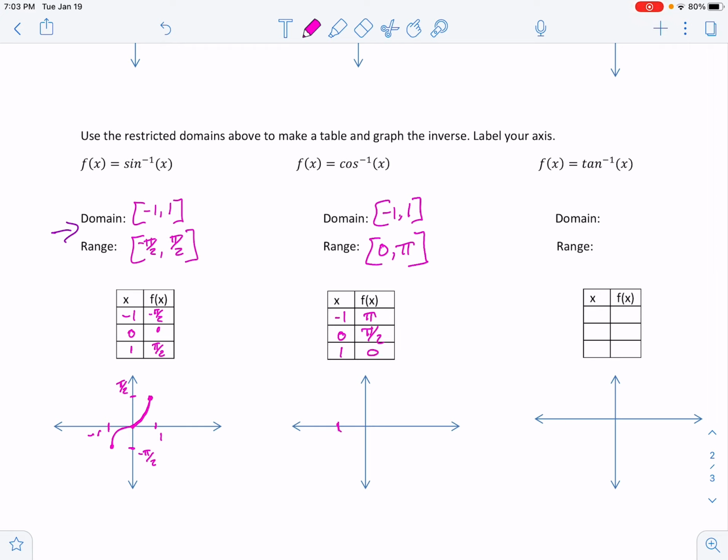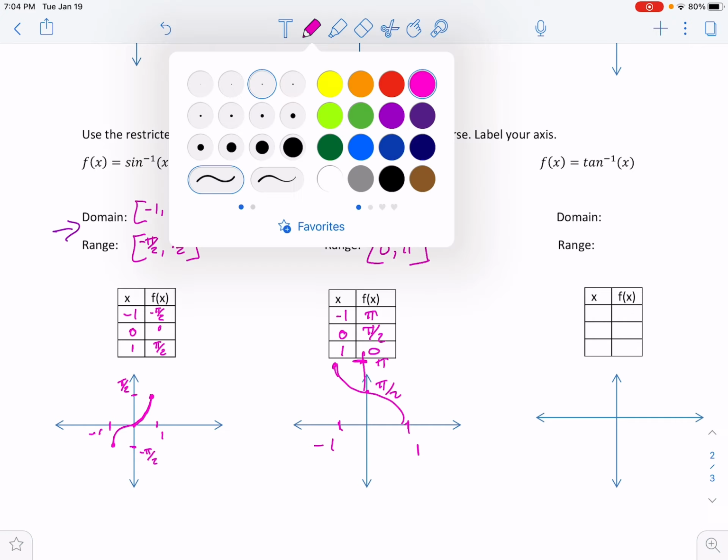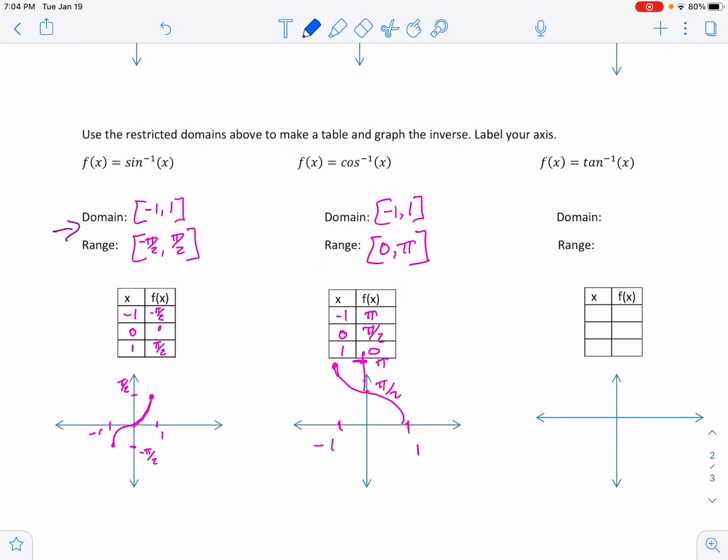So here it goes like this. It's negative 1 to 1. And my graph starts here and goes up that way. So this is pi over 2. And this is pi. And again, if you think about the graph continuing, it would be going like this, right? If it wasn't restricted, but it is. So that way you know you got your curve going straight.